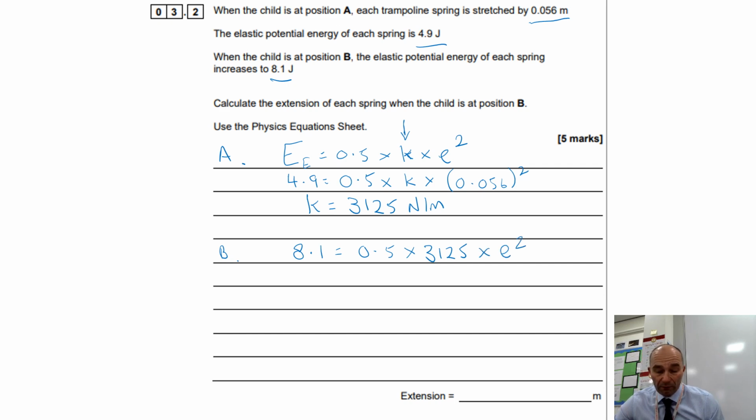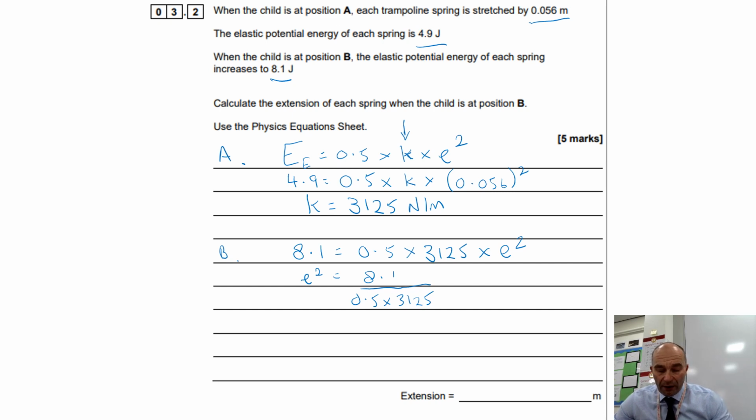We now need to solve that, so you end up with the extension squared equals 8.1 divided by 0.5 multiplied by 3125.